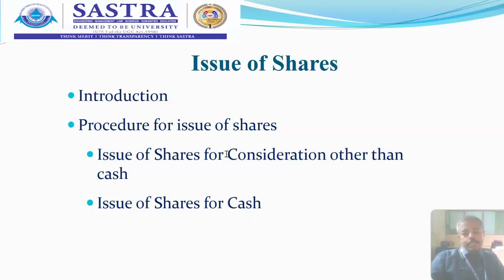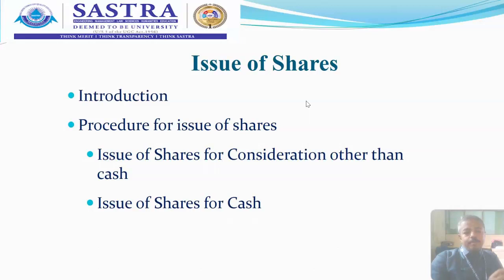In this case, the important journal entry to be passed in the books of the company is on the receipt of application money. Bank is receiving on behalf of the company. So bank is a representative personal account, and for a personal account the rule is debit the receiver. Hence bank account debited to share application account. Here the application money is received on so and so shares of rupees some amount each.